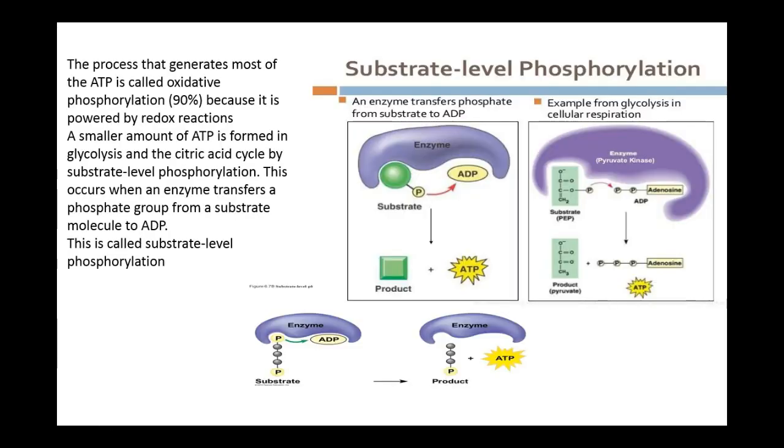Remember, we begin this process in the cytosol with glycolysis. Of the 3 steps, whether it's glycolysis, the Krebs cycle, or the electron transport chain, the largest portion of ATP is produced in the last portion, the oxidative phosphorylation.